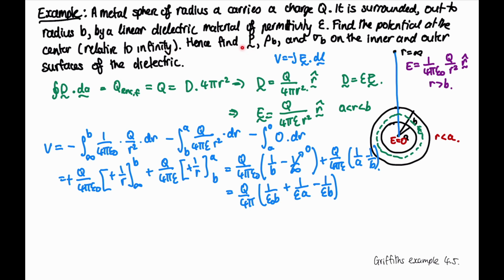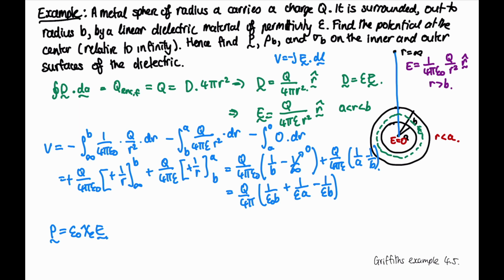But now we need to find the polarization inside the dielectric. So we know that this is a linear dielectric, so this part is not too hard. We've got that P, just from the definition of a linear dielectric, is equal to epsilon naught times the susceptibility times the electric field.